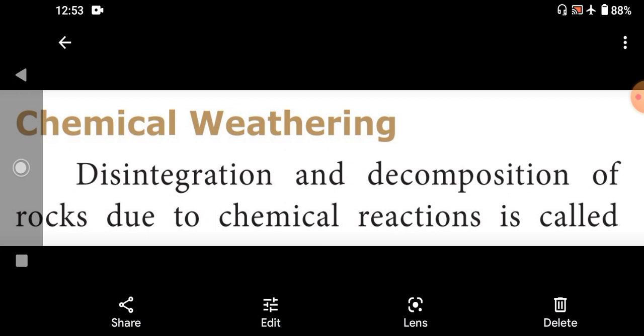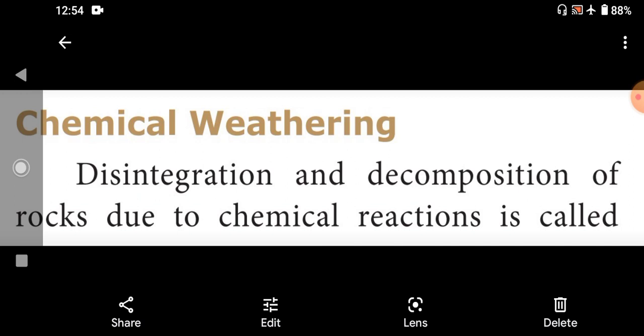Now listen here. The disintegration and decomposition of rocks due to chemical reaction is called chemical weathering. Physical weathering happens because of physical forces. How does chemical weathering happen?